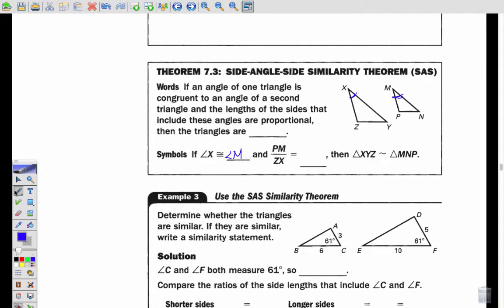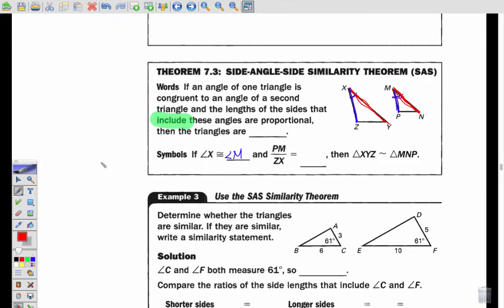What does this keyword include these sides? It means that I have to look at, if I use blue, this angle, this side and this side, that's one pair of corresponding, XY and MN. Look at these 2. Why am I picking these 2?